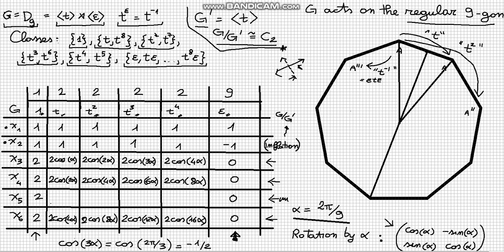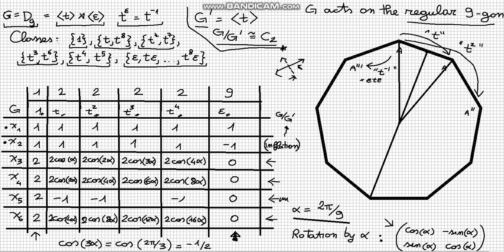So 2 times -1/2 is -1. Here you will have cosine of 6 alpha, which is twice 2 pi over 3, which is also -1.